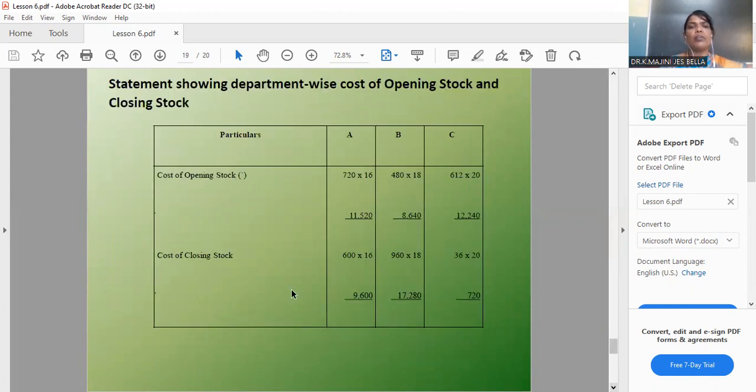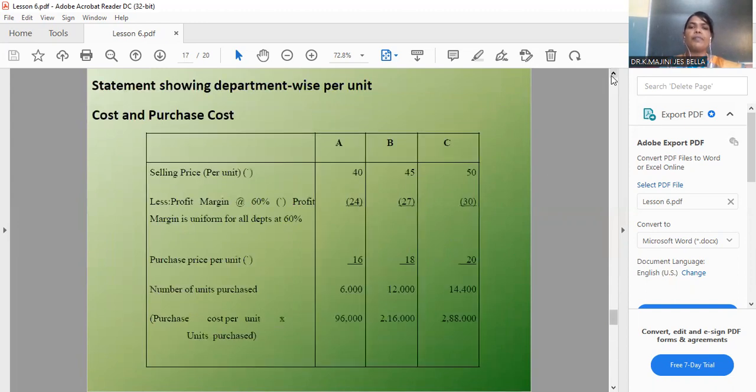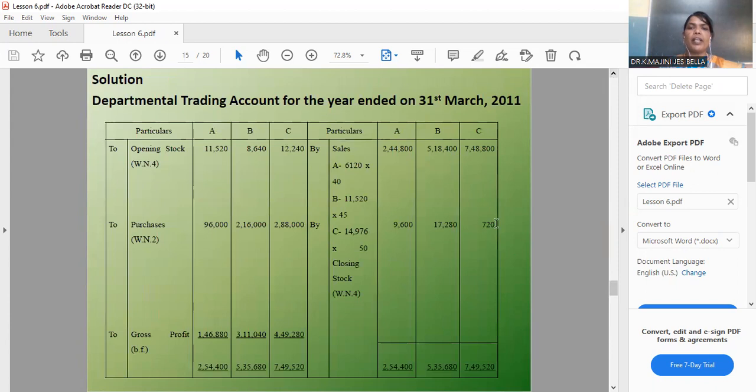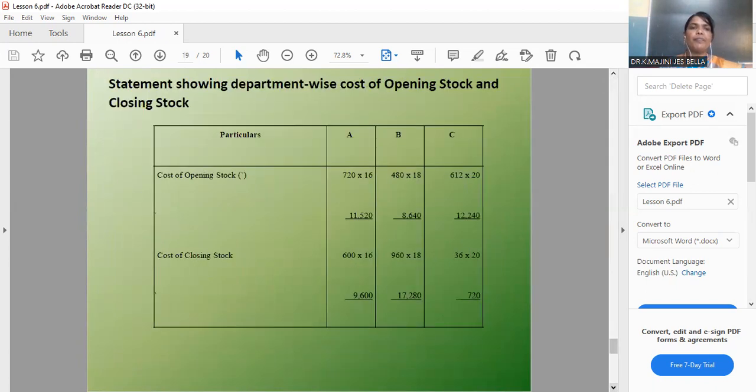Unit price we have found out here, right? Cost of closing stock, 600 units for department A, unit price 16. So 600 into 16, 9,600 for department A. Department A, 9,600.